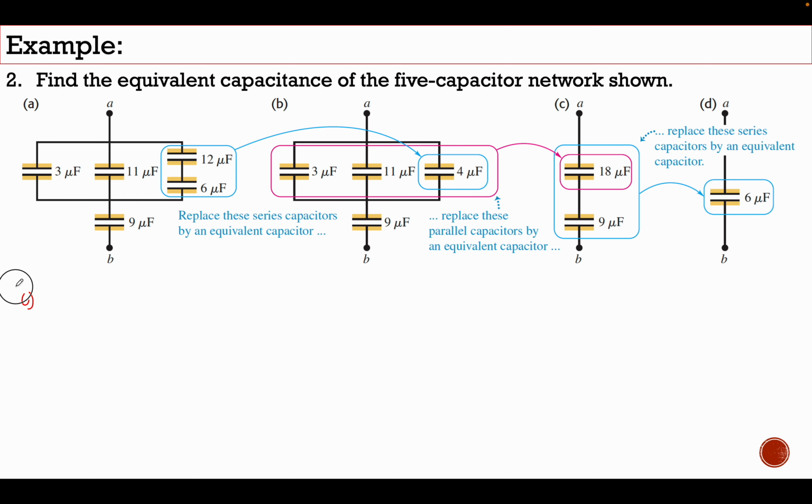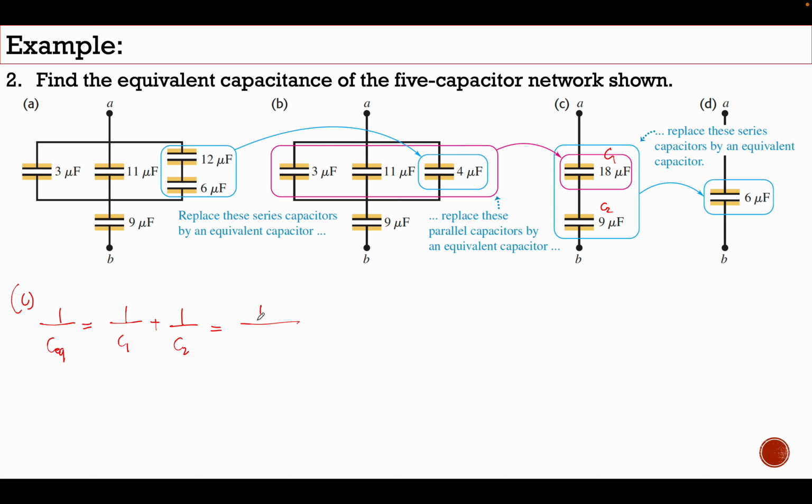So for letter C, we get the equivalent capacitance of these 2 capacitors. So, let's have this one as C1 and C2. So we have 1 over C equivalent is equal to 1 over C1 plus 1 over C2. Okay.